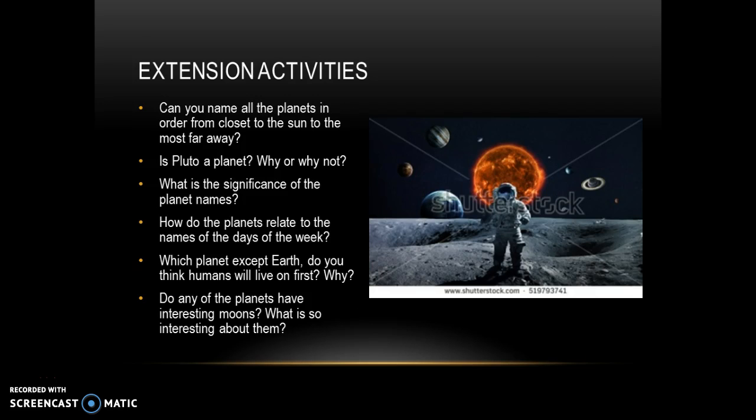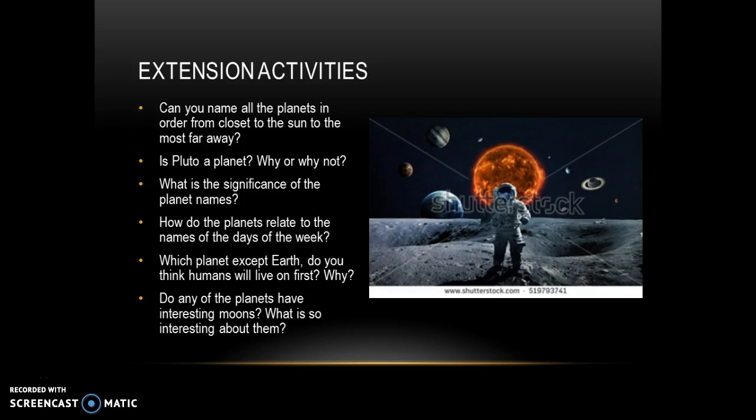Okay, so extension activities. Firstly, can you name all the planets in order from the closest to the Sun to the most far away? As I've mentioned before, is Pluto a planet? Why or why not? What's the significance of the planet names? Why were they called those things? How do the planets relate to the names of the days of the week?